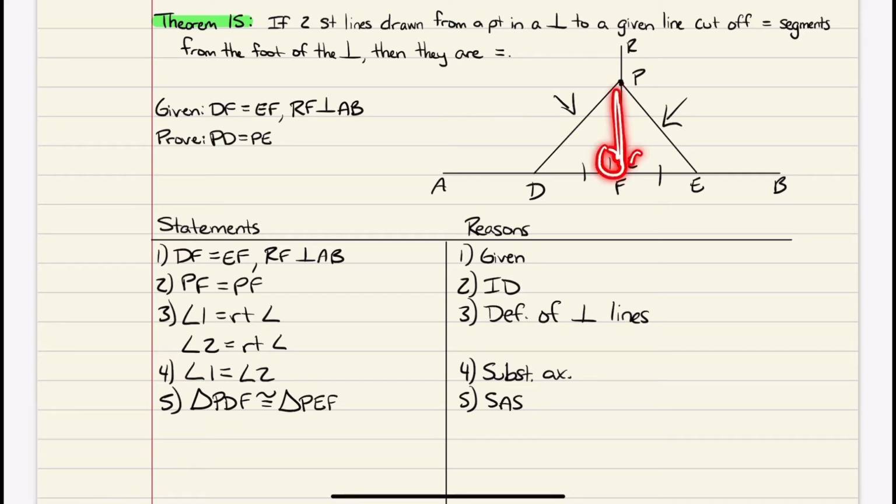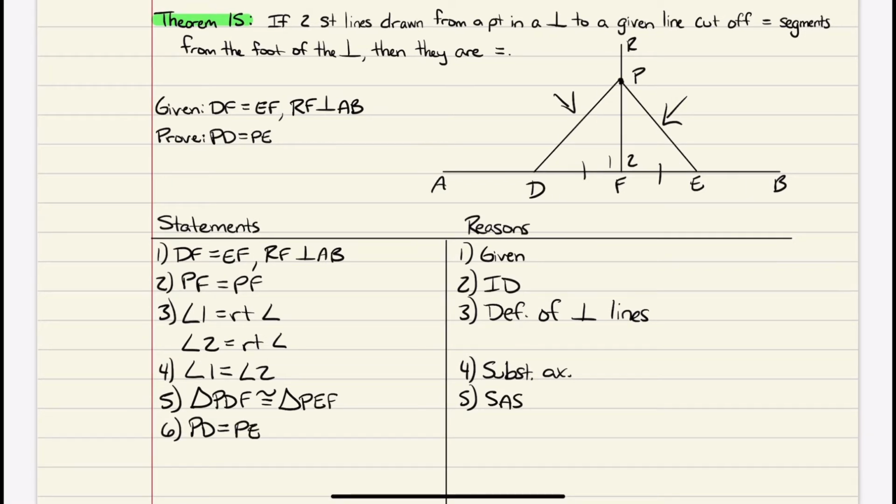So there we go. We've got our two triangles congruent. And lastly, we can state that PD is equal to PE because of CPCTE. Corresponding parts of congruent triangles are equal. And there we have it.